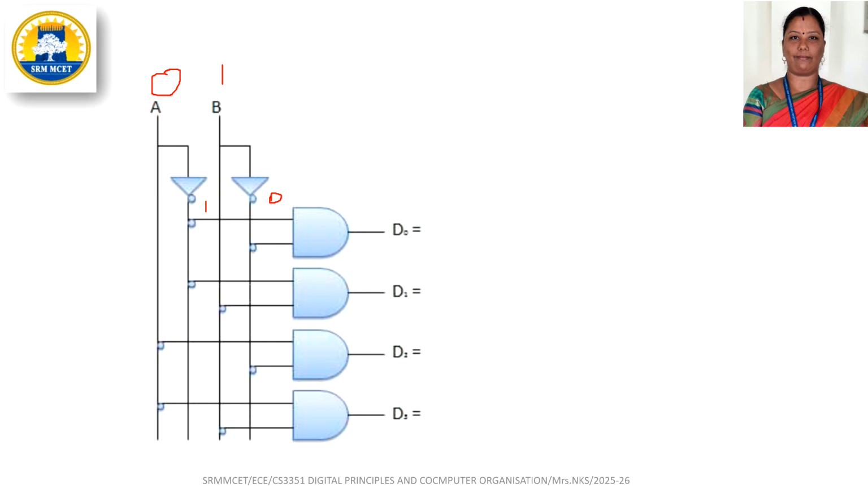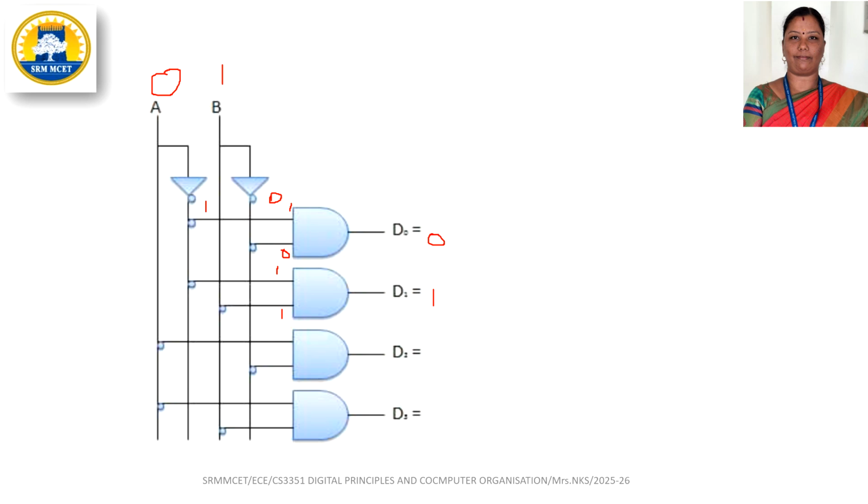So the first AND gate will get 1 and 0, so the output of this AND gate, D0, is 0. The next AND gate will be getting 1 and 1. So both the inputs are 1.